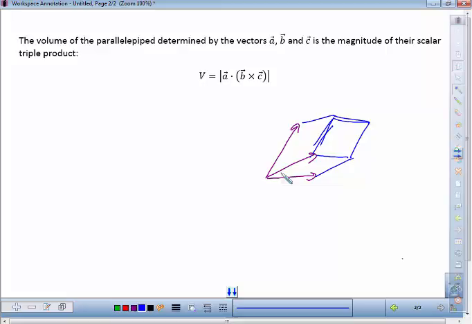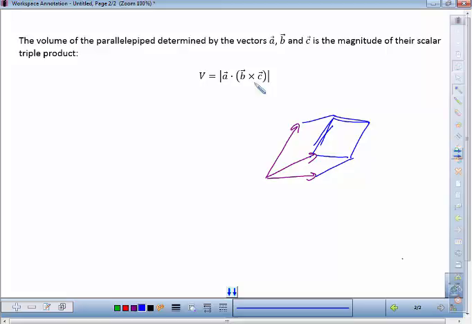And the proof of this is like the proof for the parallelogram. It'll have something to do with the cross product and the sine of the angle between them. The reason they put the absolute value here is that when you switch the order of the cross product, you might get a negative value, so they want to make sure you're getting the positive value out of this.